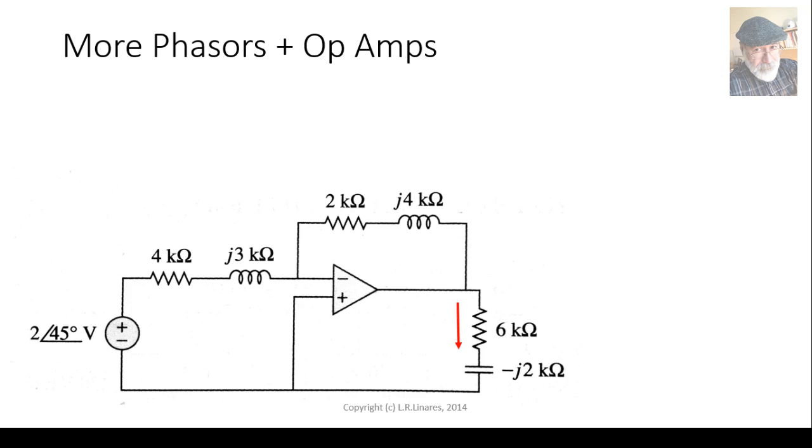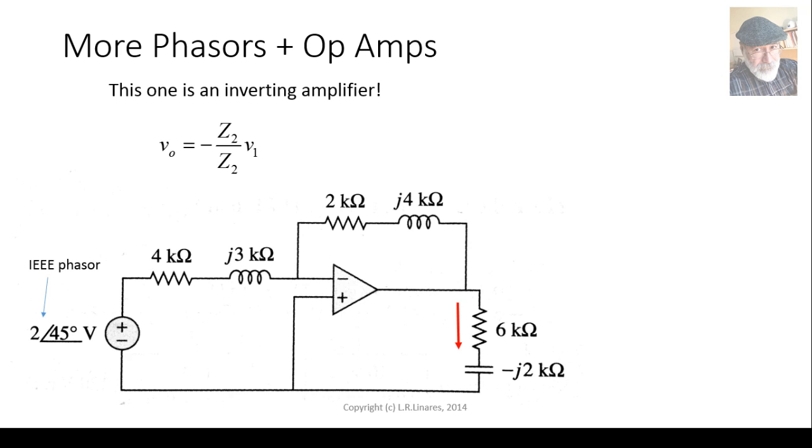And that amplifier is in the configuration that we have seen in 251. Observe, I am assuming that the phasor given for the voltage source is an RMS phasor. That 2 is the RMS value of that voltage. This one is also an inverting amplifier, so we know that the voltage gain is going to be negative Z2 over Z1, and there is a typo there, right?